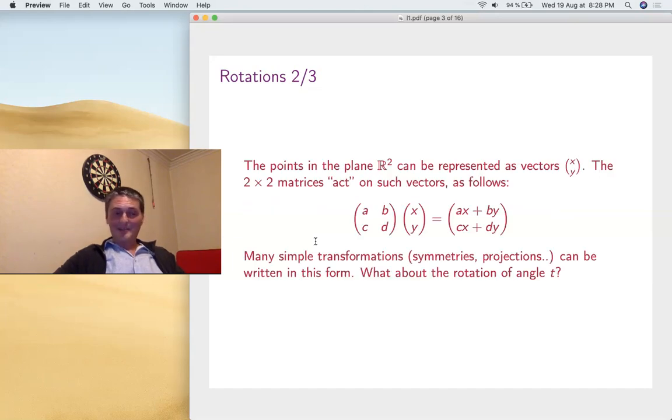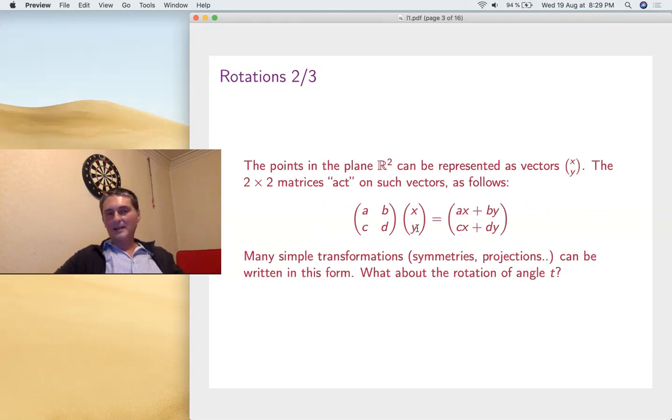So the trick is that the points in a complex plane can be represented by vectors, right? So in the formula, which to any vector (x, y) associates the vector (x, y) rotated by t, right? And now the thing is, that's a trick of linear algebra, is that many transformations like symmetries or projections can be written in this form.